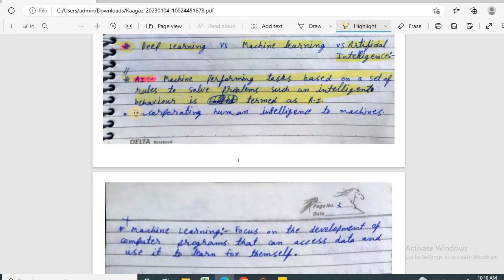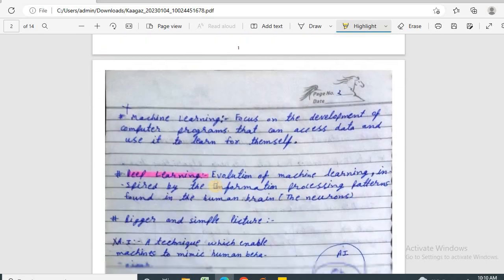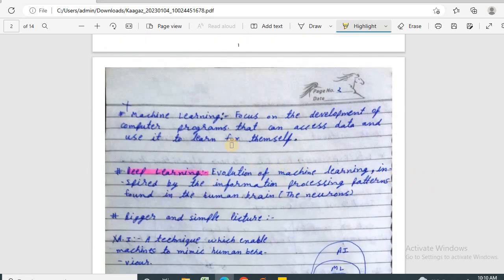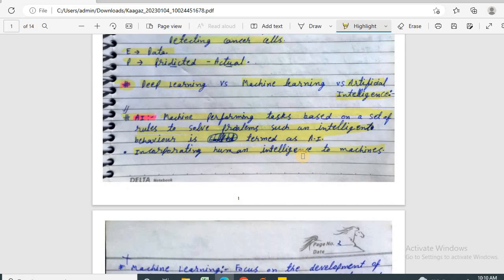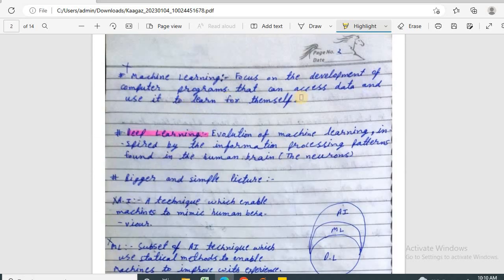Basically, we are incorporating human behavior into machines. This part you don't need to study. Here I am highlighting what you need to concentrate on, else you can leave it.